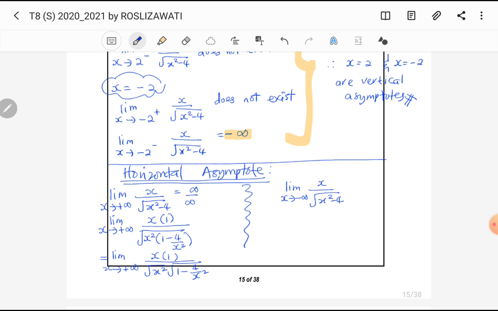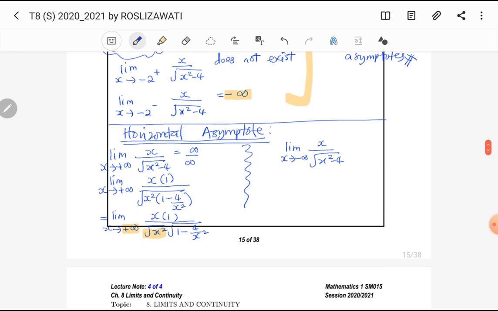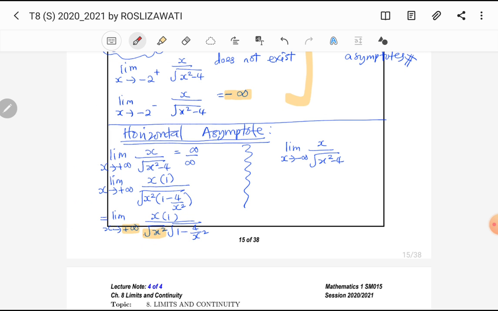Okay. And next, limit x approaches positive infinity, x times 1 over square root x squared times square root 1 minus 4 over x squared. Okay, for this case, square root x squared, okay, kita kena tukar. Square root x squared can be positive x, can be negative x. Refer your x. X approaches positive infinity. Your x is positive. Therefore, okay, kita akan replace square root x squared here with positive x.